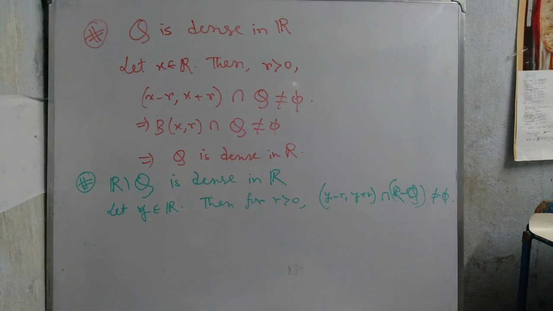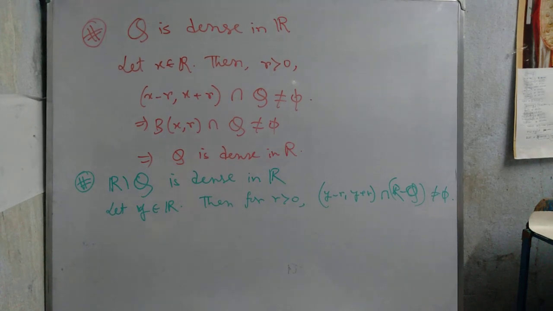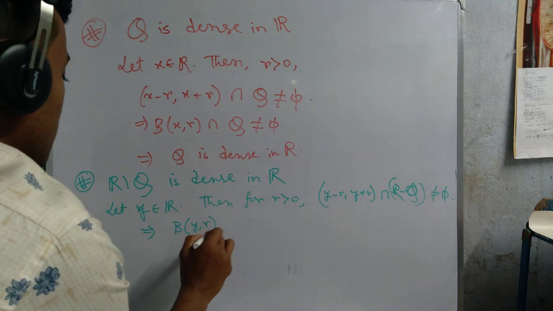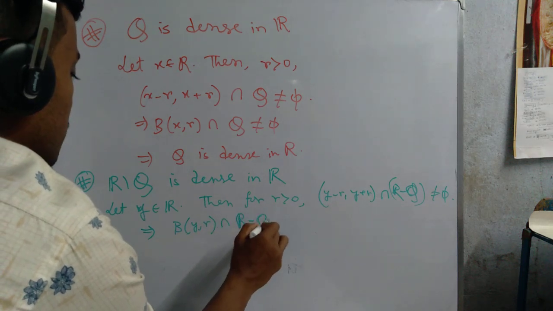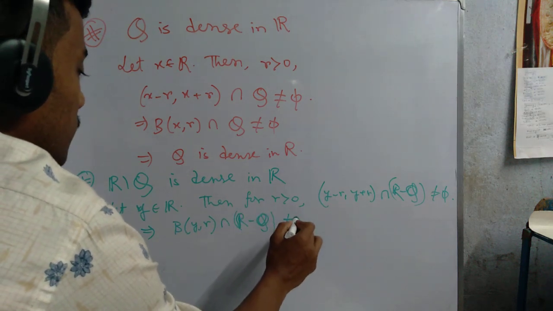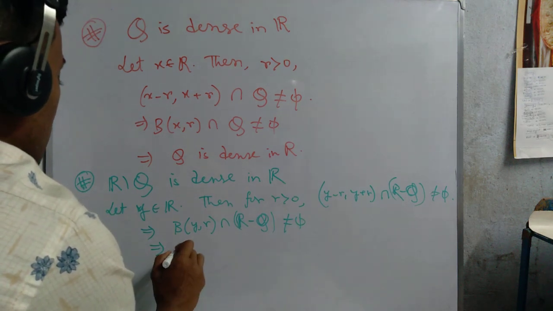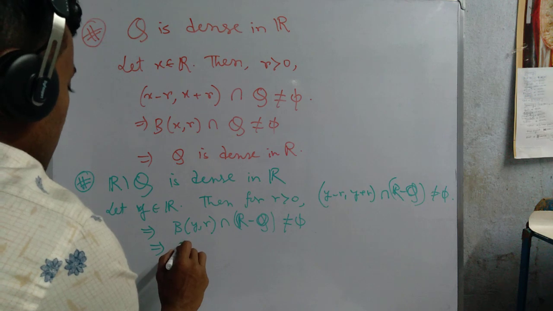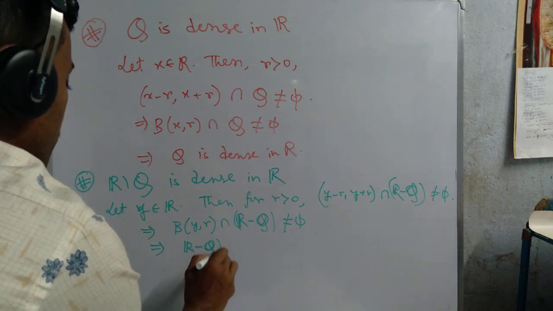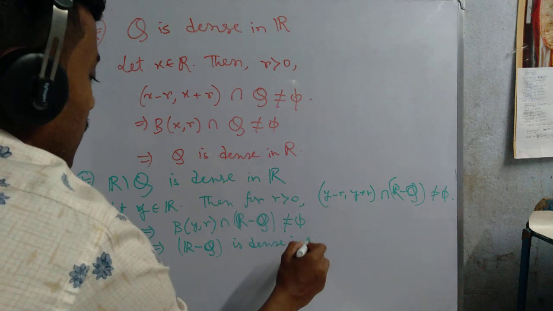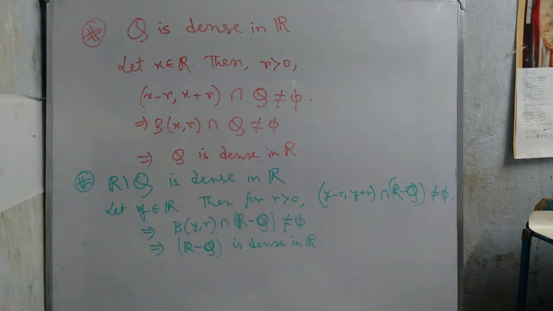Understand or not? Then this implies B(y, r) intersection R minus Q is not equal to phi. So this implies that R minus Q is dense in R. I think all understand this.